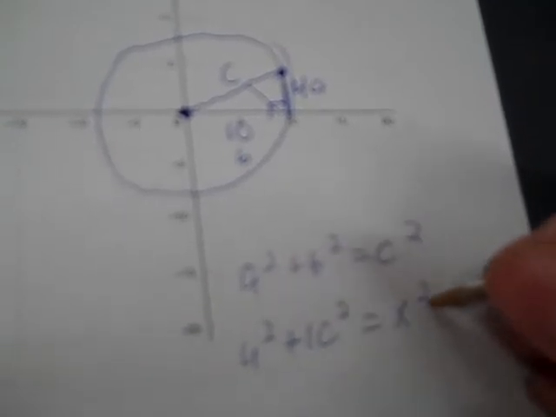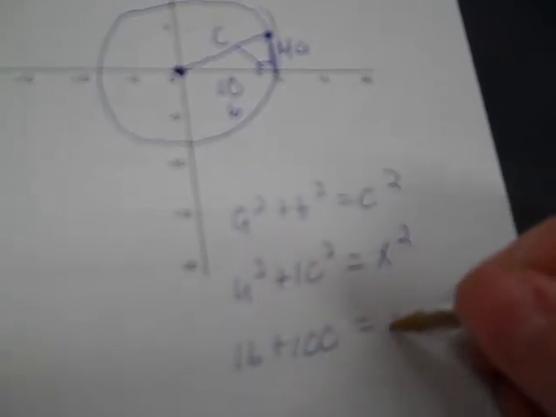So A squared plus B squared equals C squared. Okay, and it doesn't matter what A and B are really. That can be A, that can be B. You can also have that be A, that be B. So we'd have 4 squared plus 10 squared equals, and I don't know the C, so C squared. So it's 16 plus 100.